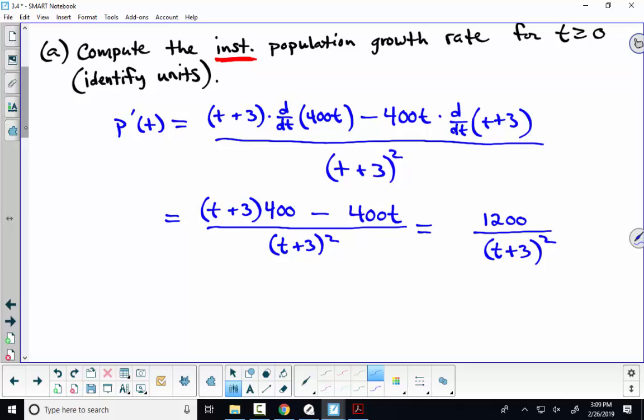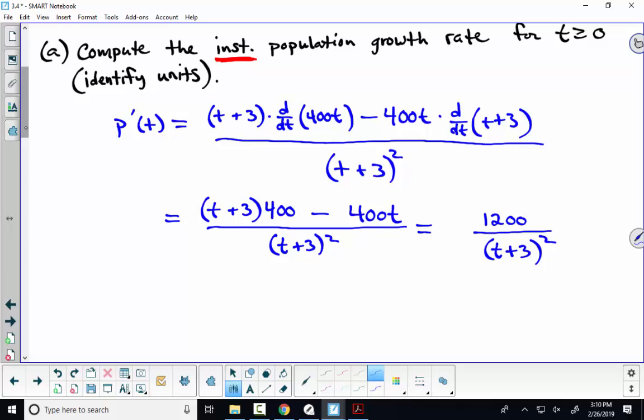It's this thing divided by t plus 3 squared minus 400t over t plus 3 squared. But if there's potential to get a factor to cancel in the result, otherwise just always leave it unless you can cancel it. What if you don't know? If you don't know, feel free to expand it. There's nothing wrong with expanding it.